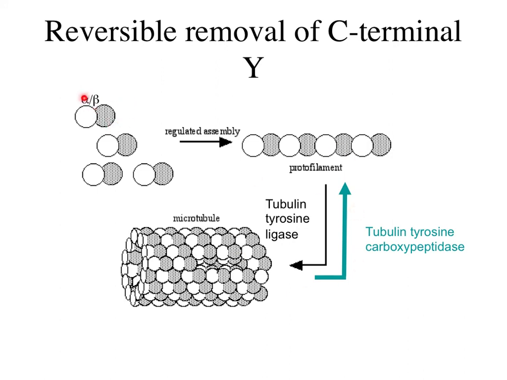Tubulin here exists as a soluble heterodimer of alpha-beta tubulins. They undergo assembly, forming filamentous microtubules over here by first forming a protofilament, and by the enzyme tubulin tyrosine ligase forming these microtubules. This is important for mitosis as well as motility and transport.